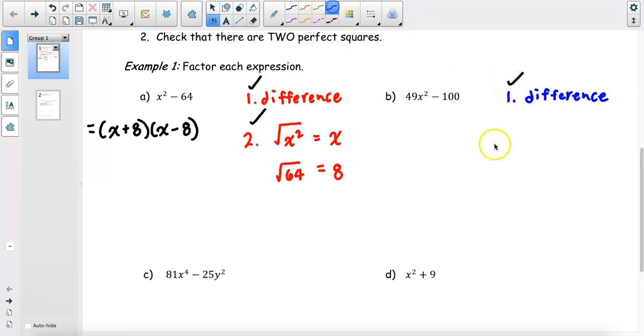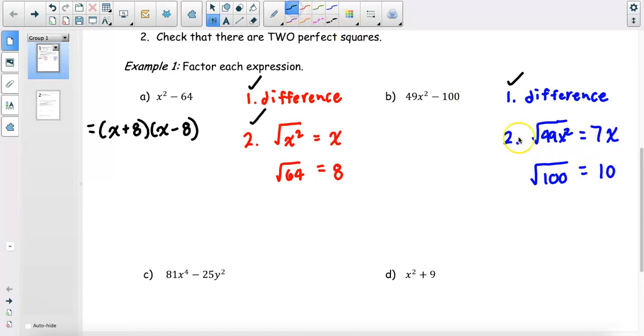The next thing we're going to do, let's see if both of these two terms are perfect squares. So we're going to take the square root of 49x squared, and that is equal to the square root of 49, which is 7. The square root of x squared is just x. So far so good. Now let's take the square root of 100, and that's going to be a value of 10.